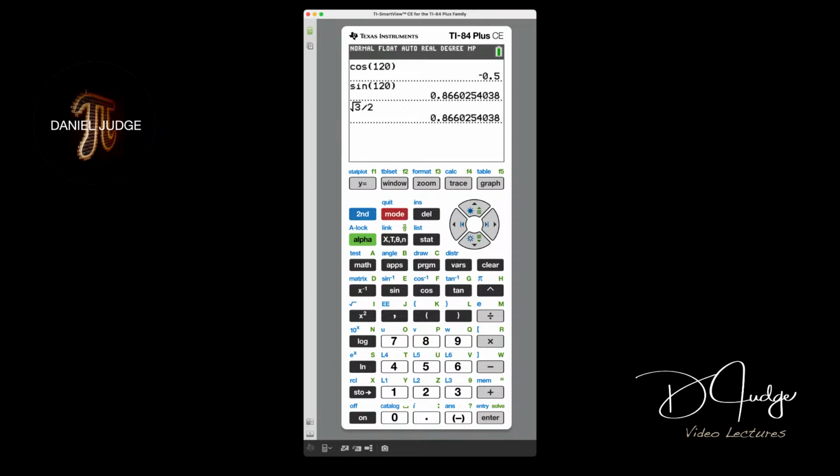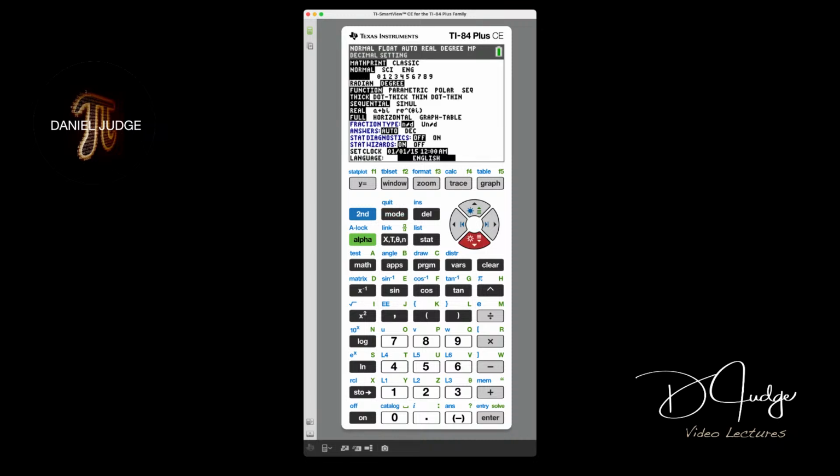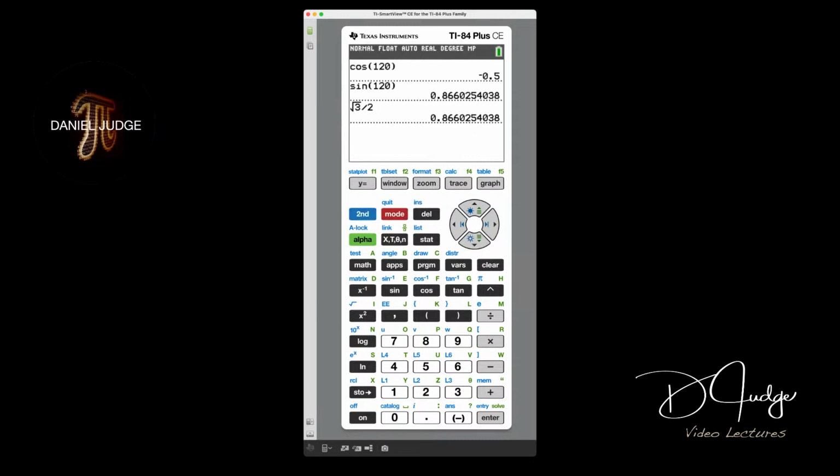Now, if I change my mode to radians and I wanted to find these values here, we'll start with cosine. We can say 2, and we got to find pi. It's here in blue. 2 pi over 3. This is in radian measure.